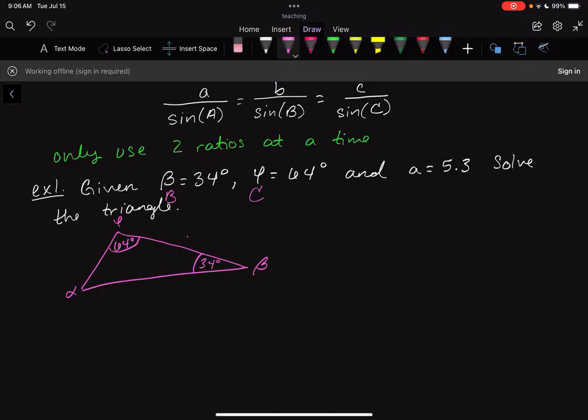My side A needs to be across from that. So my A is 5.3. My side C is across from gamma, and then my side B is across from beta. And so again, you could have ordered this however you want to. Just as long as you have beta across from B, gamma across from C, alpha across from A.